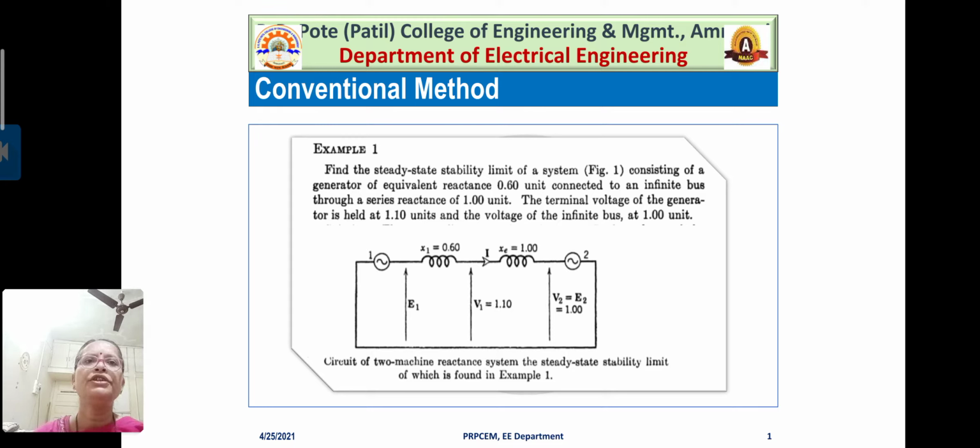The terminal voltage of the generator is held at 1.10 units and the voltage of the infinite bus at 1 unit. Okay. So for such a system, you have to find the steady state stability limit. Observe this diagram carefully: E1, E2, V1, V2. Also the reactances, the values have been mentioned on this diagram itself, and all the values are in per unit.